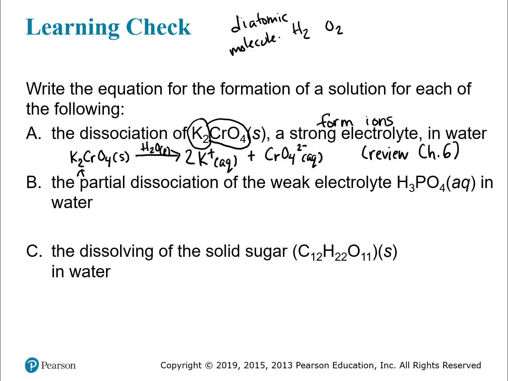And from Chapter 6, when we were writing out ionic compounds, there are 2 potassiums here to balance out the charge. The potassium ion is only 1 plus. The chromate ion is 2 minus. So you need 2 potassiums to balance out the chromate polyatomic ion. Does that help? You're welcome.